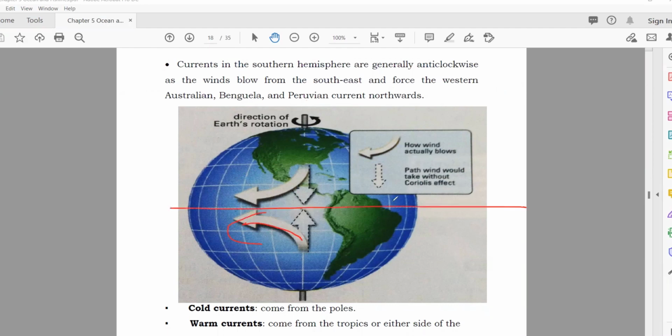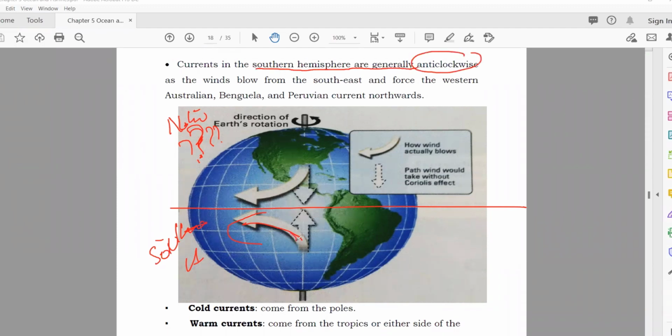If I divide it into two hemispheres, which hemisphere is this one? Tell me. Northern hemisphere. And the lower one, which one? Southern hemisphere. So what they're saying is, in the southern hemisphere, the currents are generally what?